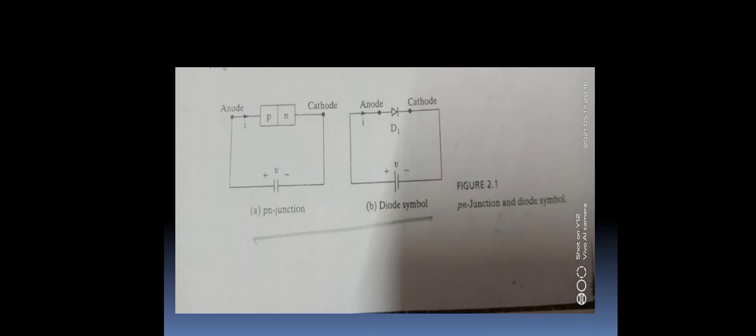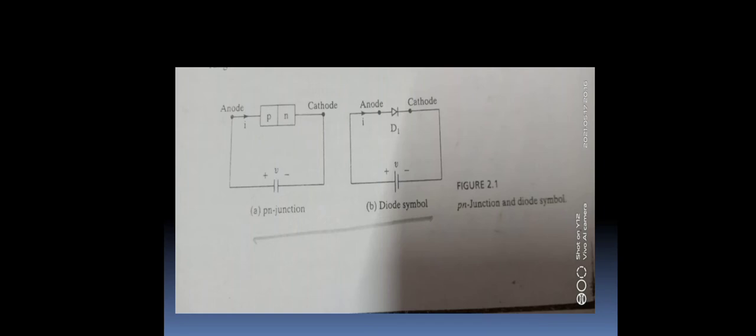Second, for reverse voltage, the negative terminal of the battery is applied to the anode of the diode and the positive terminal to the cathode. The exponential term is negligibly small compared to unity, so the diode current ID is in the reverse direction and constant, equal to the leakage current IS.